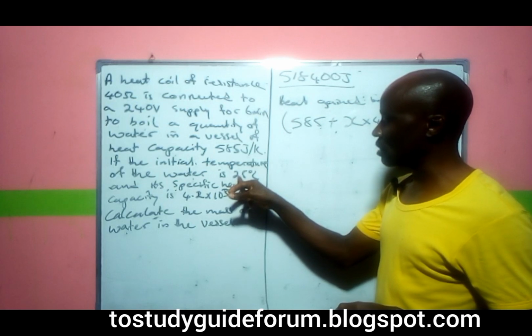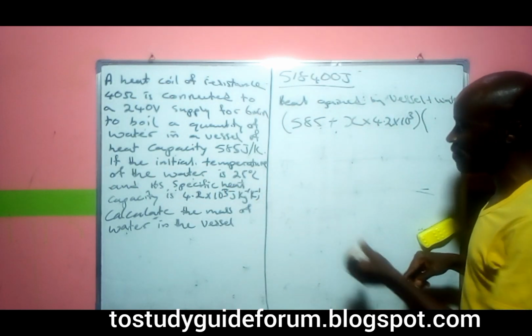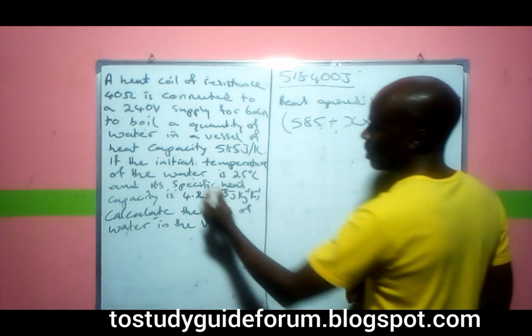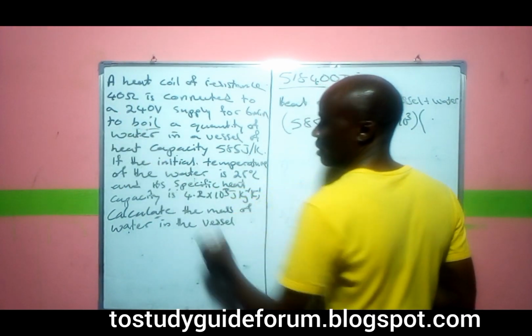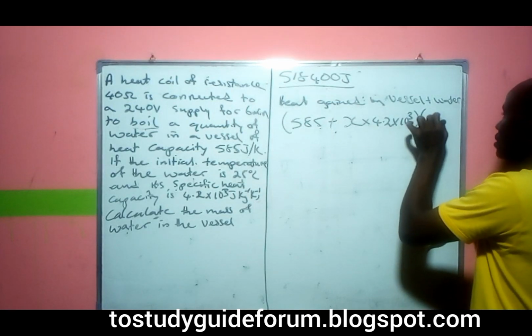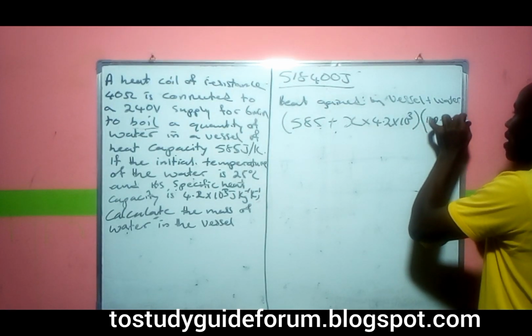The initial temperature is 25. The final temperature is when it boils. But water boils at what? 100 degrees Celsius. That would be 100 minus 25.